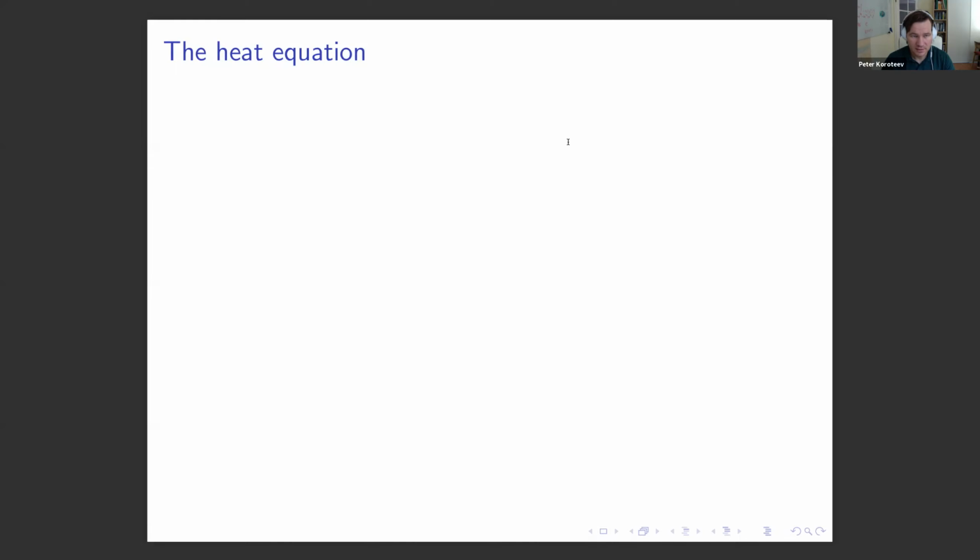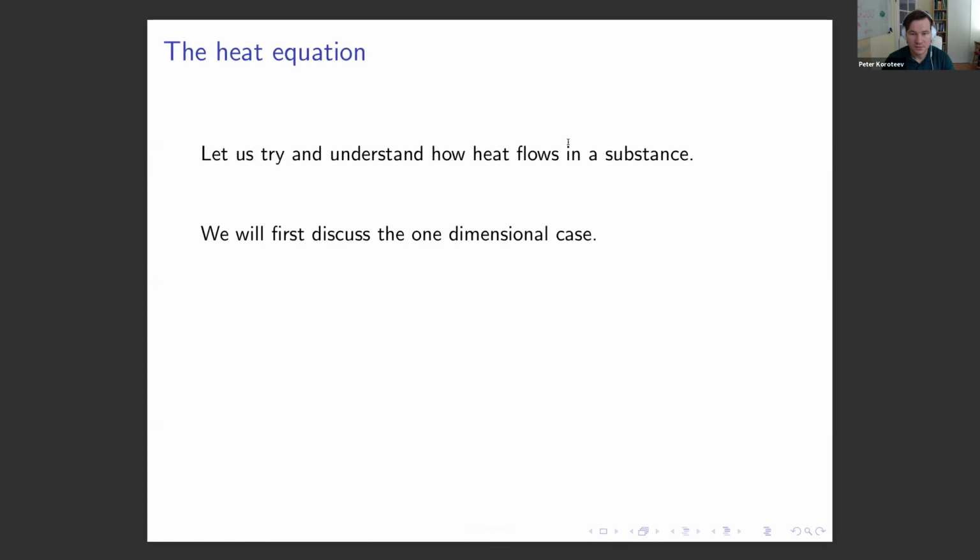One of our main examples will be the heat equation. Let us try to understand how heat flows in a medium. For simplicity, consider a one-dimensional case.